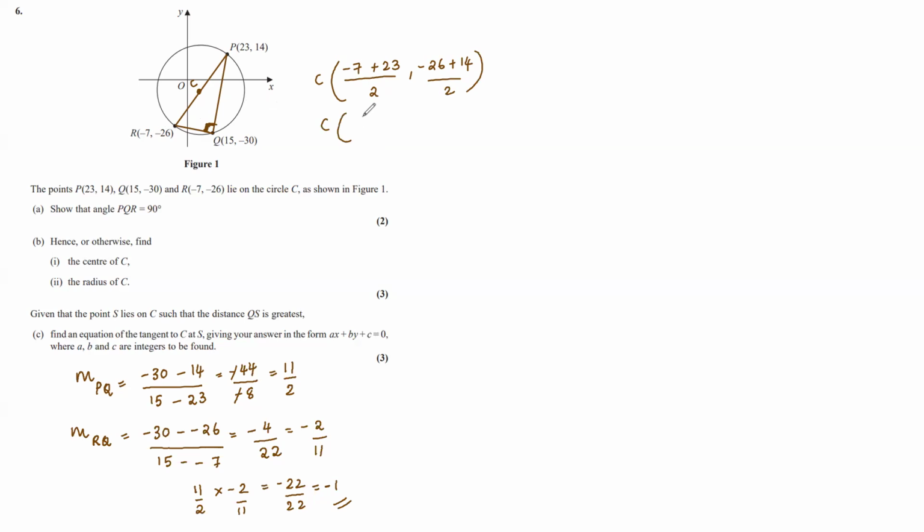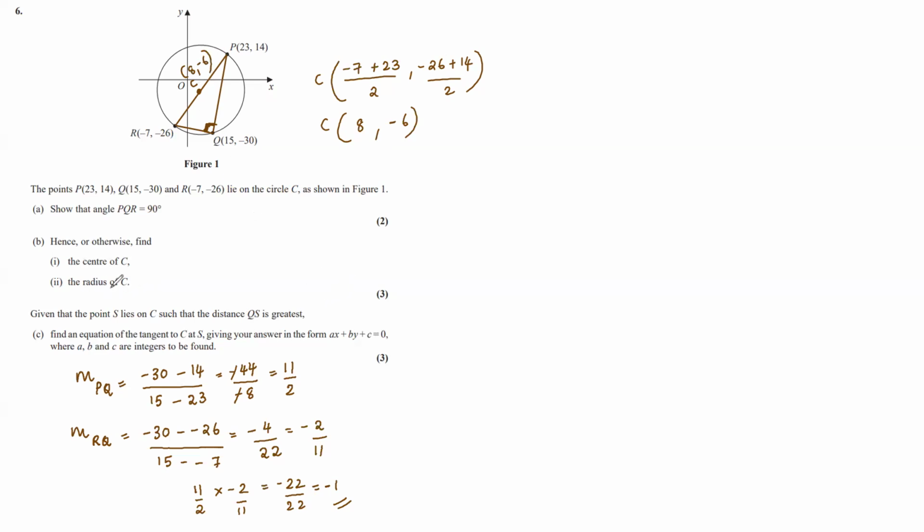So the center C will be 23 minus 7, that is 16. 16 divided by 2 is 8. -26 plus 14, that is -12. -12 divided by 2 is -6. So we got the center C as (8, -6).